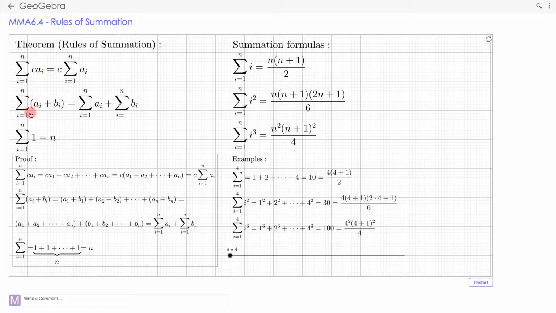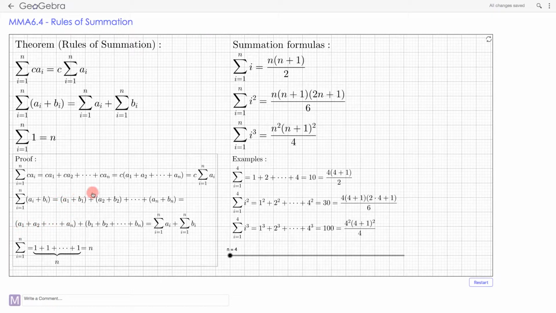The second identity, we can prove by taking the sum from i equals 1 to n of this sum here. It can be written out like this. That's just the definition, right? Now, we can remove all these parentheses because it doesn't matter in which order we add numbers. So we can rearrange this sum, having all the a terms first.